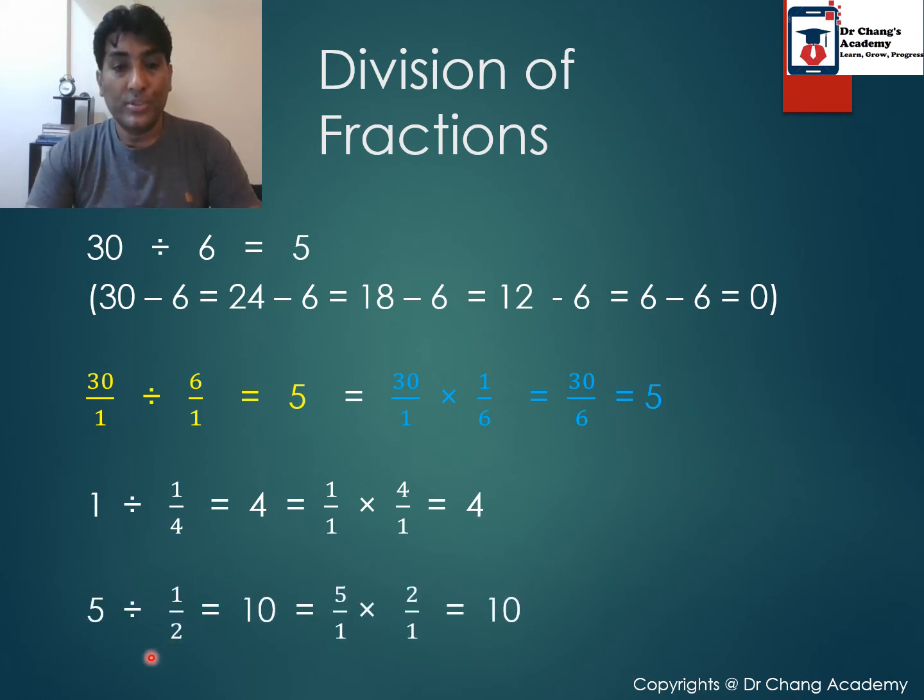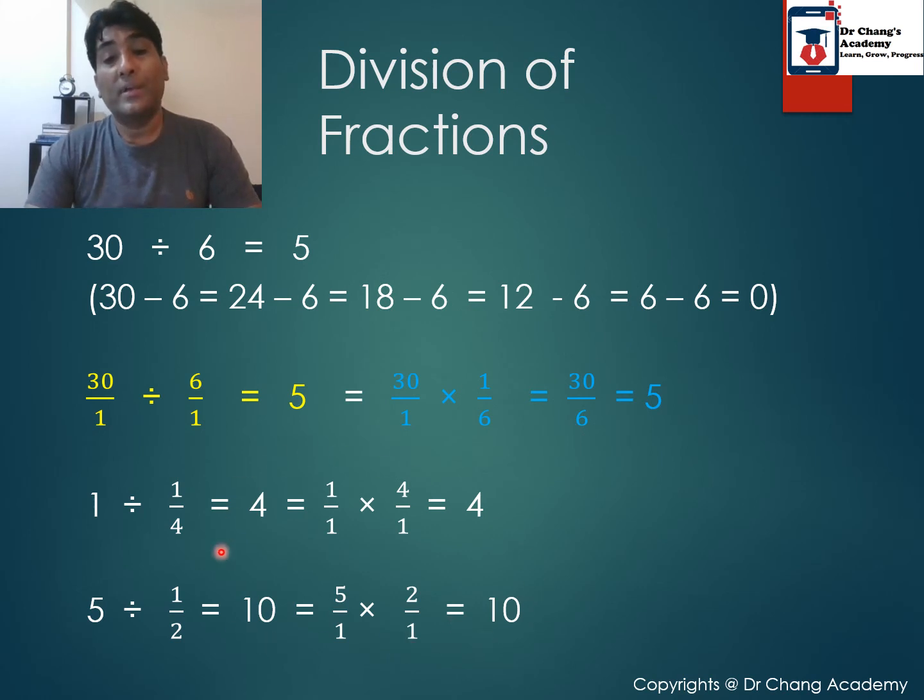And the same goes in this problem. 5 divided by half is equal to 10. In other words, how many halves are in 5? We know there are 10 halves in 5. And using the multiplicative inverse of the divisor, which is 1 over 2 or half, and its multiplicative inverse is 2 over 1, we multiply 5 by 2 over 1 and the answer is 10.